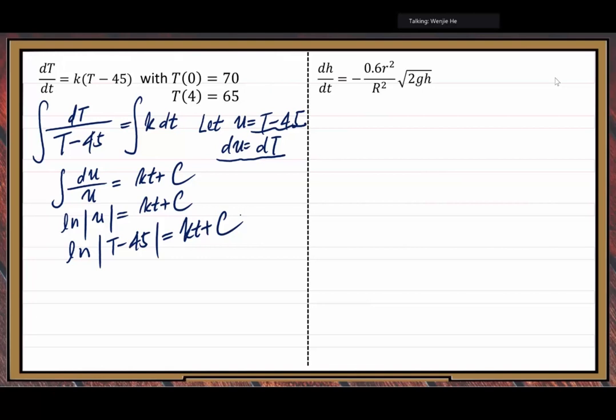Sometimes we can do it, but sometimes it is hard. For this question, it is hard to determine if T minus 45 is positive.